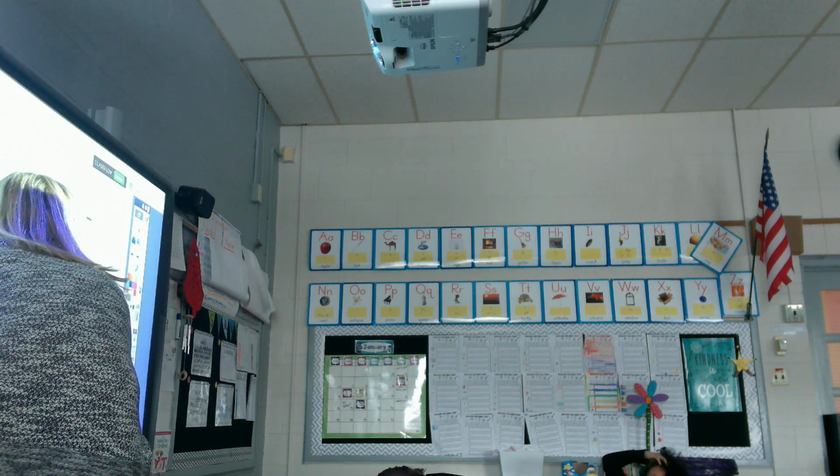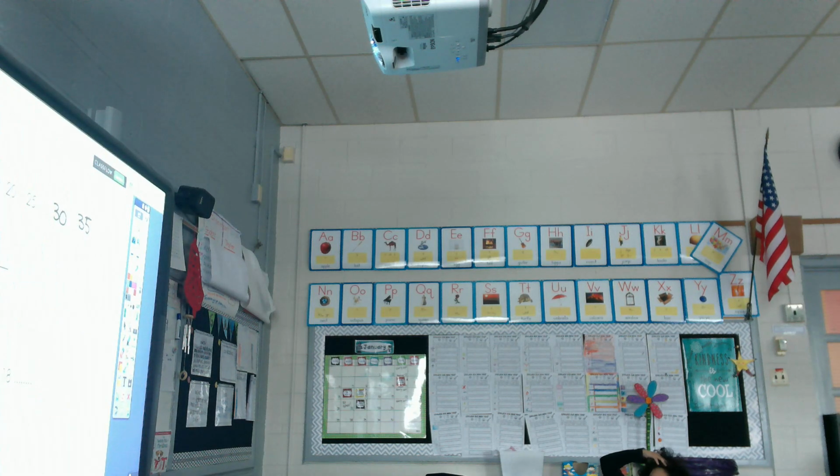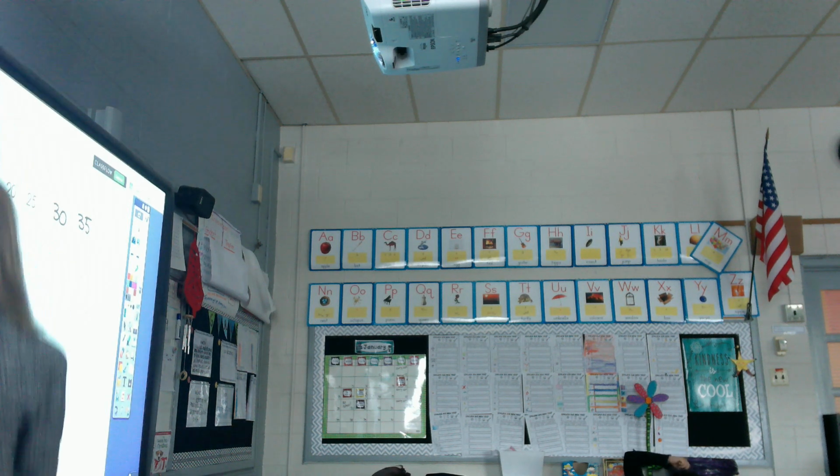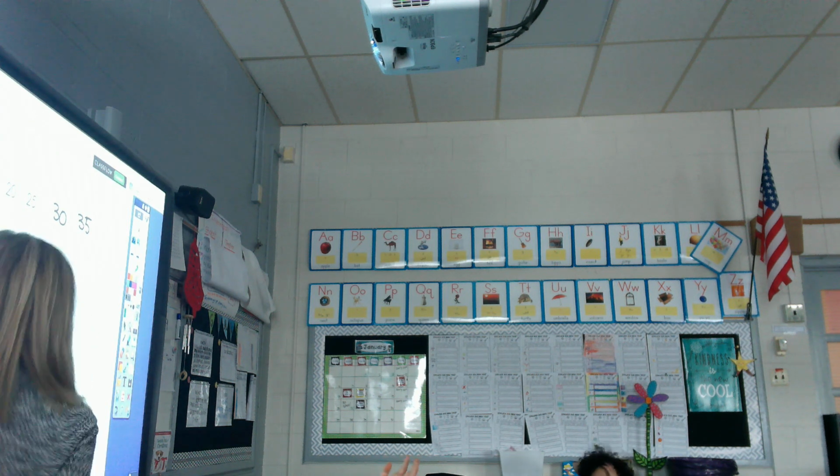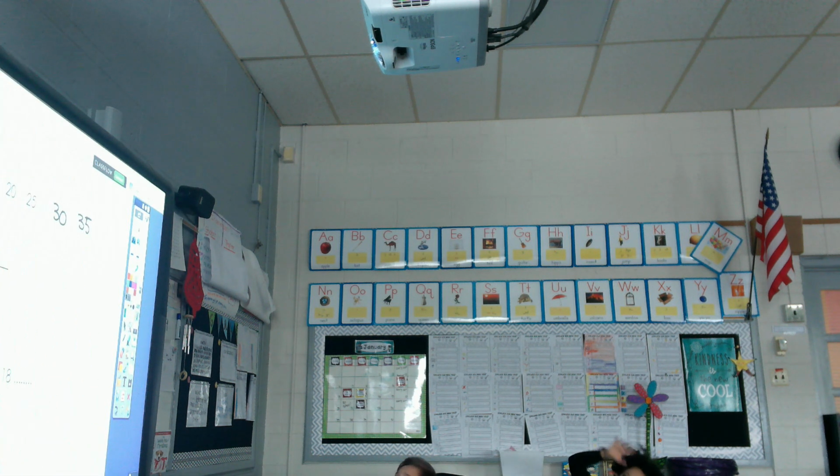Okay, so if I was using this information, what would my answer be if I wanted it to be 3 times 6? If we didn't know, how could we use this to help us? 3 times 6. We're skip counting by 3s, and I want 6 groups of 3. What would that be? Emily?